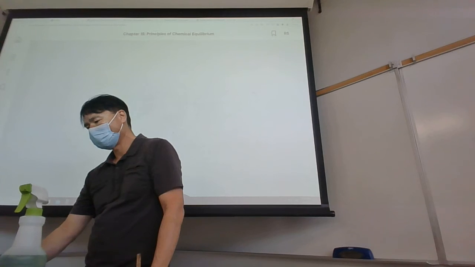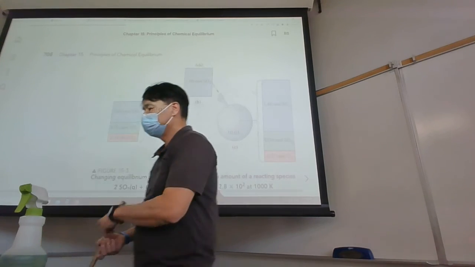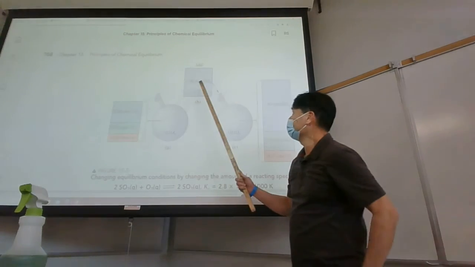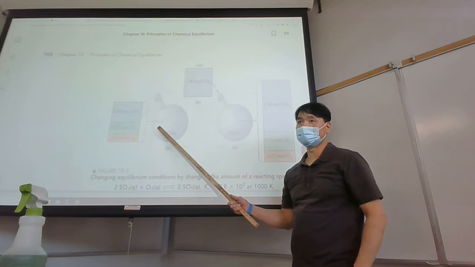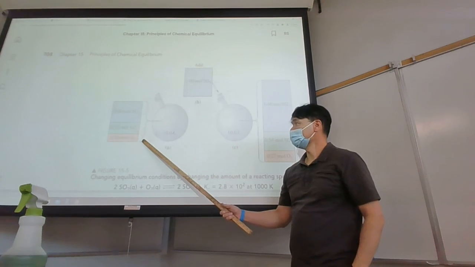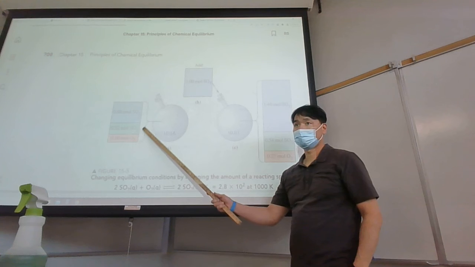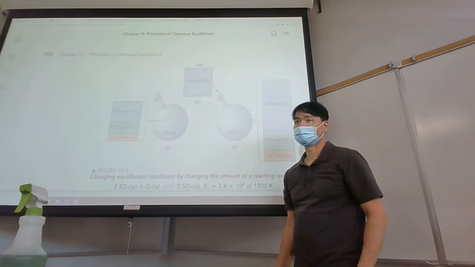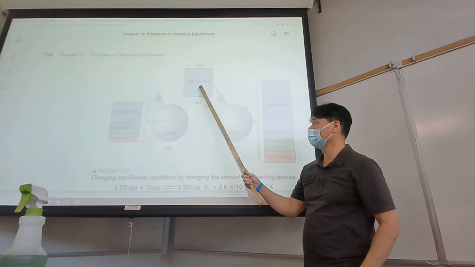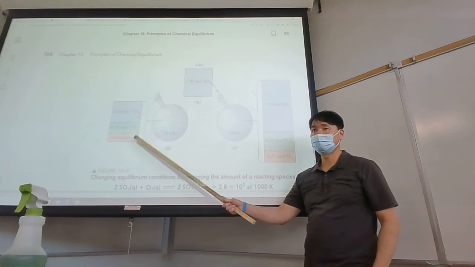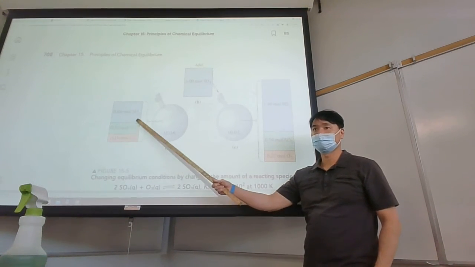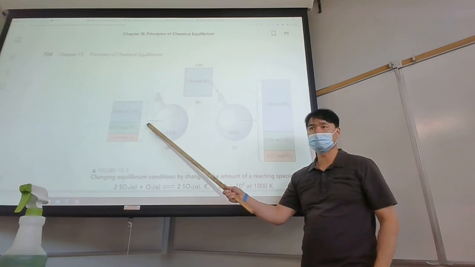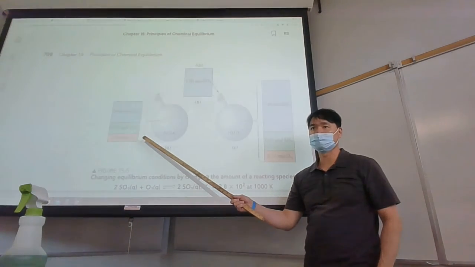So, when I add SO3 to this equilibrium, the amounts of all three substances increase. Is that true or false? If I add SO3 to this equilibrium, the amounts of all three, there are only three, increase.